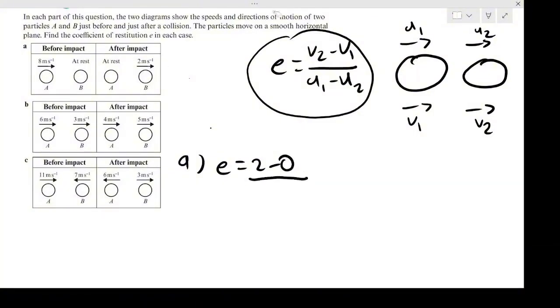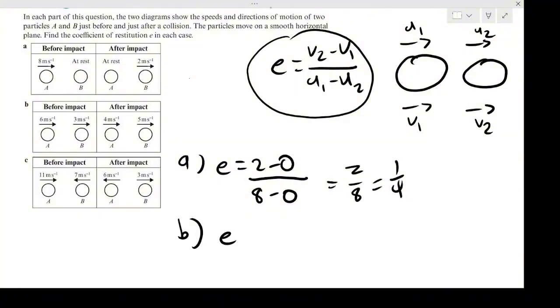And then we're going to take away U1. Hopefully you can spot U1 is going to be the speed of the first ball A, which is speed 8. Take away the speed of ball B, which is 0. Okay, so there we are. And so then if we simplify this, we get 2 over 8, which is a quarter. Okay, and there we are.